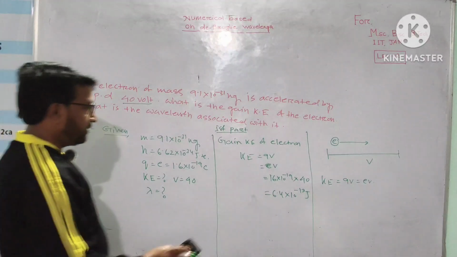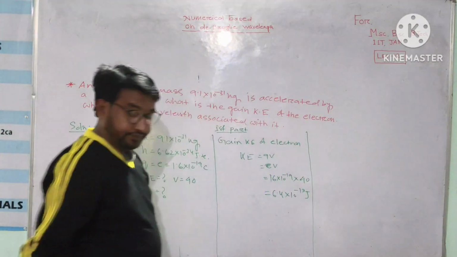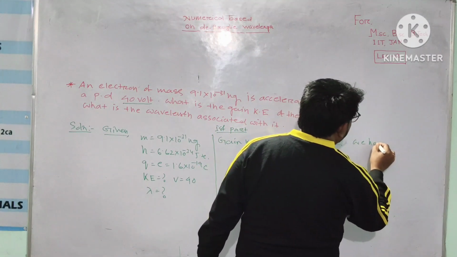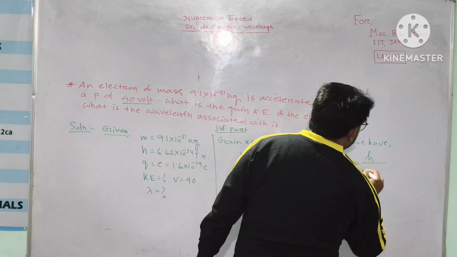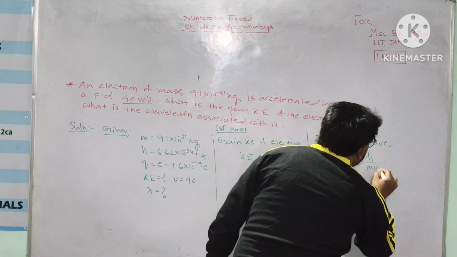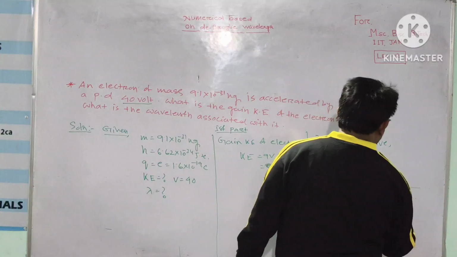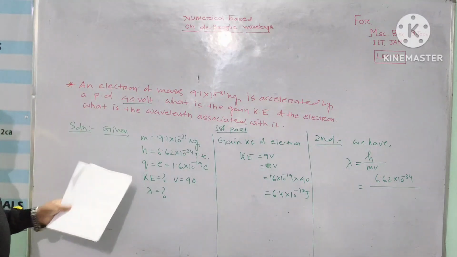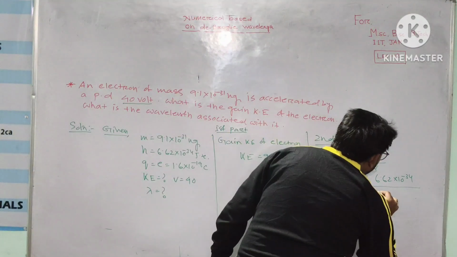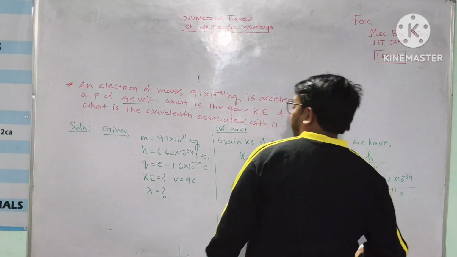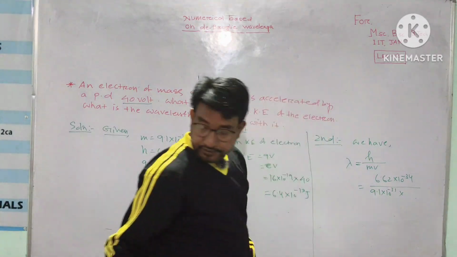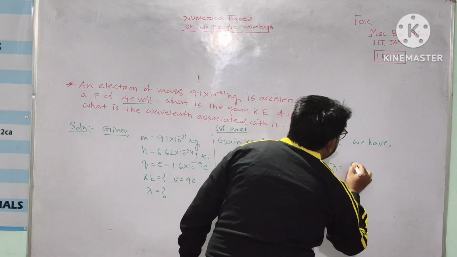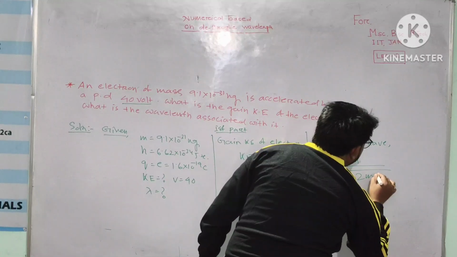Our second part. We know that lambda equals h by mv. This is the de Broglie wave equation. Okay, lambda equals h by mv. The value of h equals 6.62 into 10 to the power minus 34, and mass of electron equals 9.1 into 10 to the power minus 31 kg. Sorry, lambda equals h by under root of 2mE.